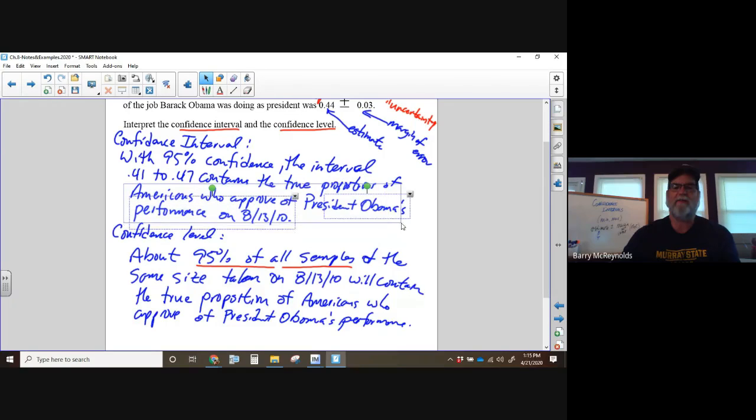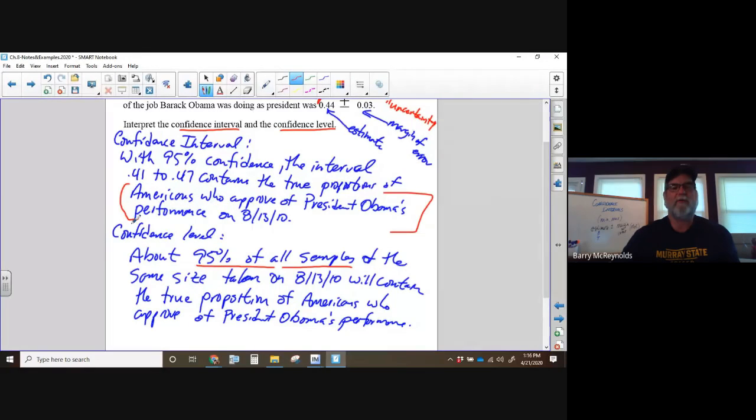And the context of the case is right here. It's a job approval. So this part here is kind of boilerplate with 95% confidence. The interval, which is described up here, contains the true proportion or the true mean, and then you state the context.